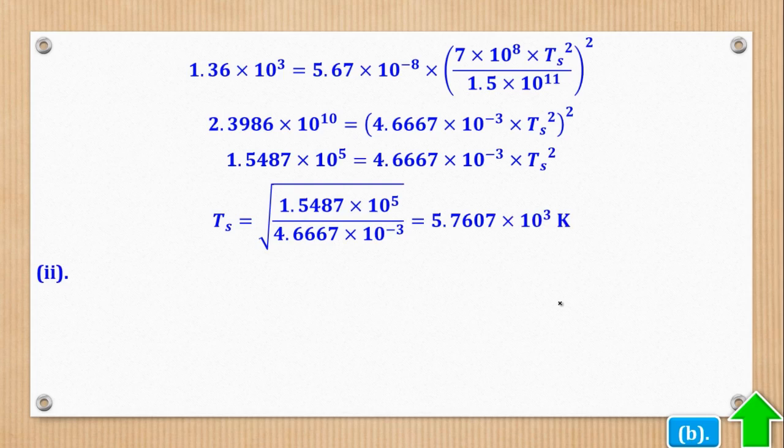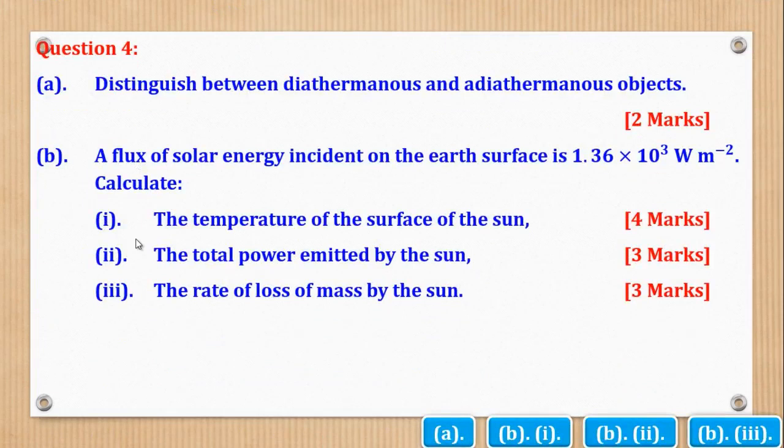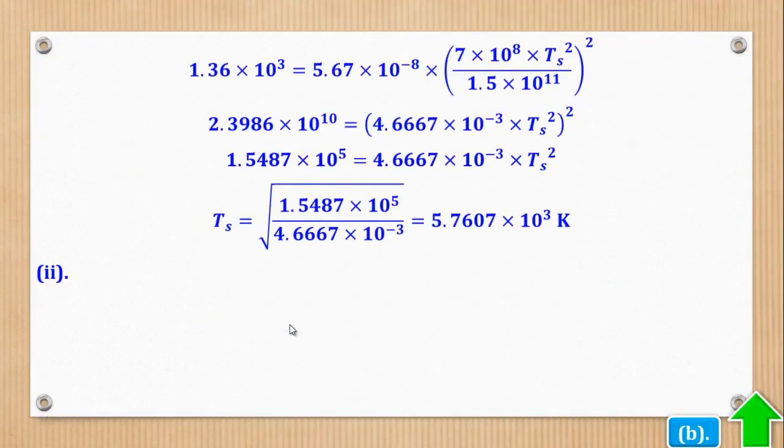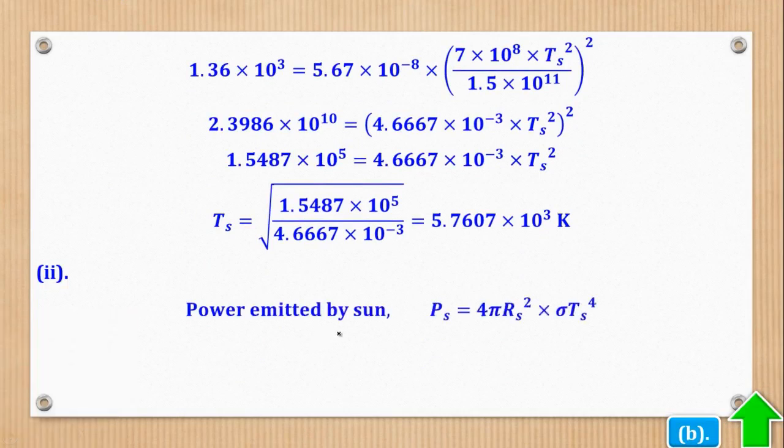So now we shall go to Roman 2. Roman 2 says, calculate the total power emitted by the sun. So the power emitted by the sun is given by Ps, which is this formula.